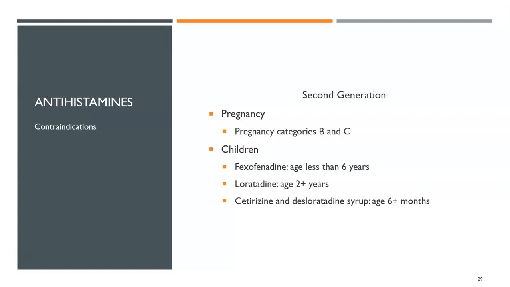Second generations, they can be category B or C. Fexofenadine is contraindicated in children less than 6. Loratadine in children less than 2. Cetirizine and desloratadine syrup, ages 6 months and younger, we do not give that to them.